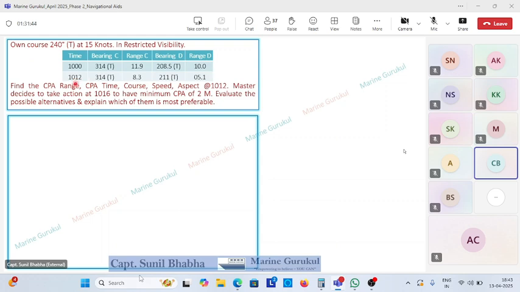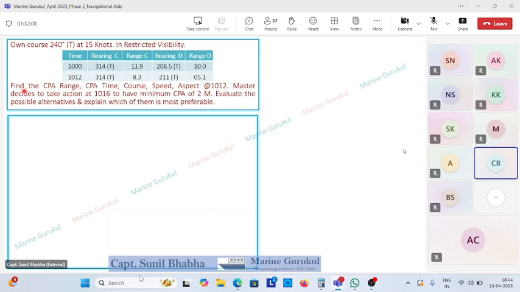The next observation is taken after 12 minutes at 10:12. The bearing of target C, Charlie, remains 314 and the range is 8.3 miles. The bearing of target D, Delta, is 211 degrees true and the range is 5.1 nautical miles.